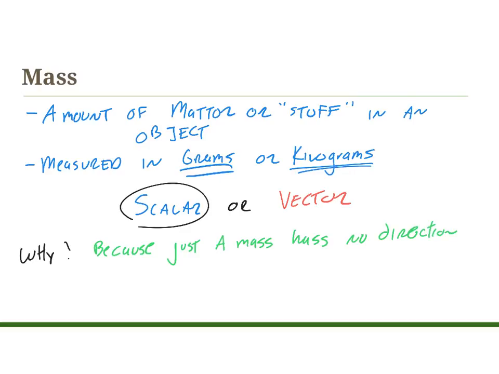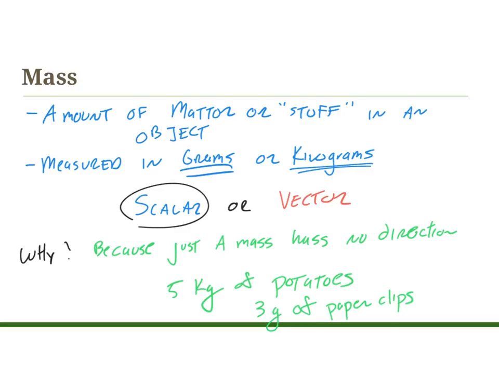So an example of mass would be something like 5 kilograms of potatoes or 3 grams of paper clips. That doesn't really tell me much other than just what mass is.